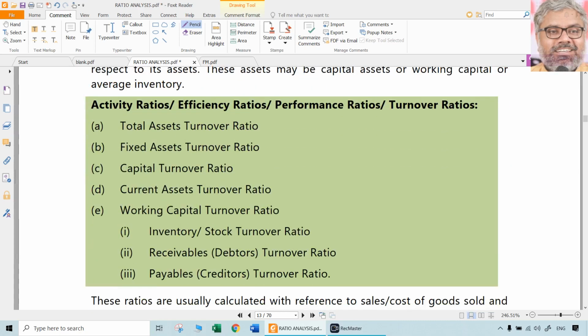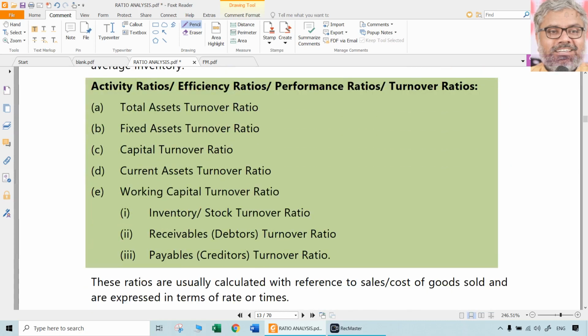And what are these ratios? All of them have the same name, that is turnover ratio. So what kind of turnover ratios can be there?